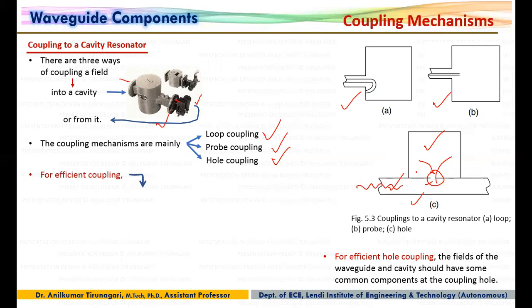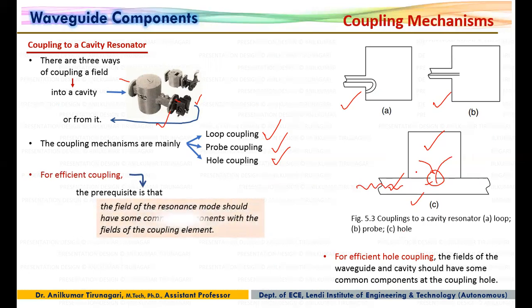For efficient coupling to the cavity resonator, the important thing is that the field of the resonant mode should have some common components with the fields of the coupling element. The coupling element is this one, and this is the second device. So the fields of the resonance modes should have common components. Then only is efficient coupling possible.